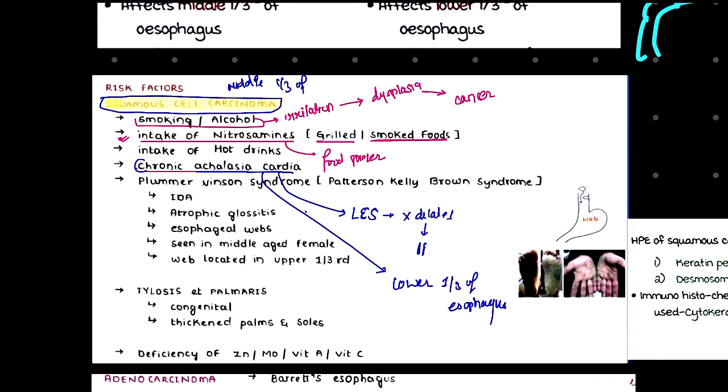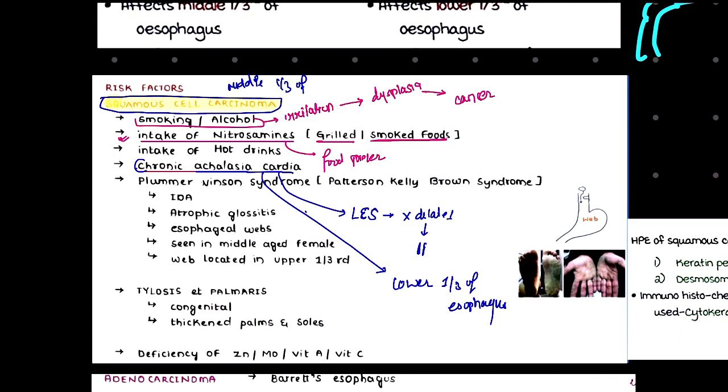That means it does not go parallel with squamous cell carcinoma. We can say achalasia cardia is an exception in the case of location, which we are studying under the topic of squamous cell carcinoma. The carcinoma that is not confined to the middle one third is due to achalasia cardia.